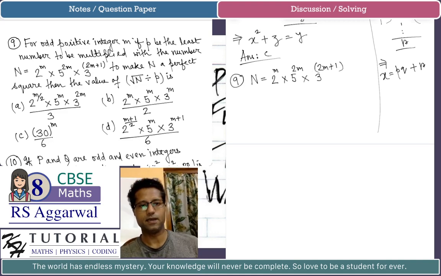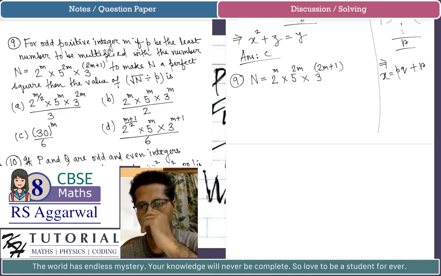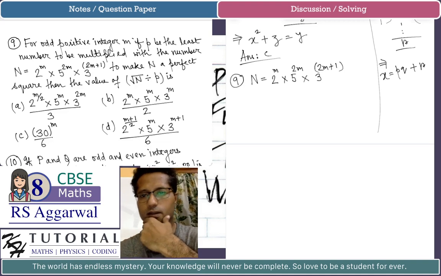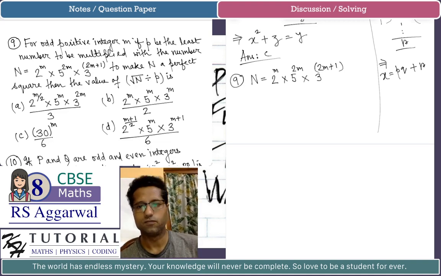It has given n in the form of prime factors. So we have prime factors of 2, 5 and 3, with their powers: m number of factors 2, 2m number of factors 5, and 2m plus 1 number of prime factor 3.